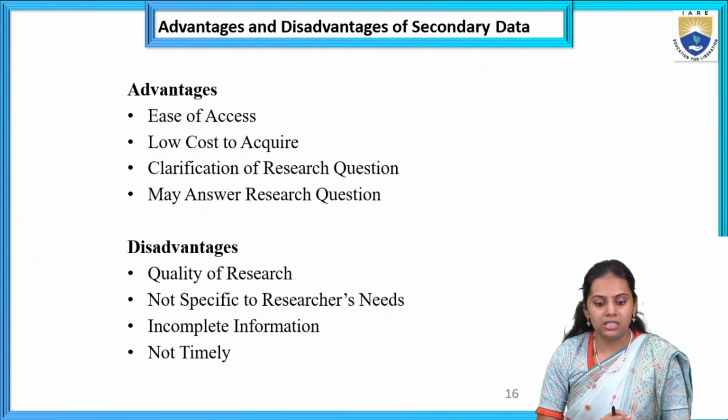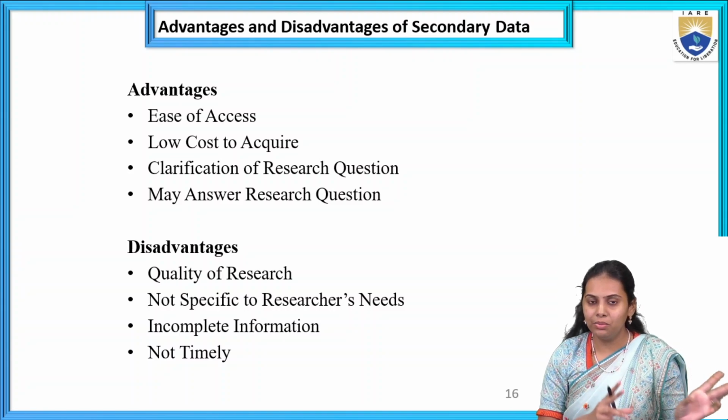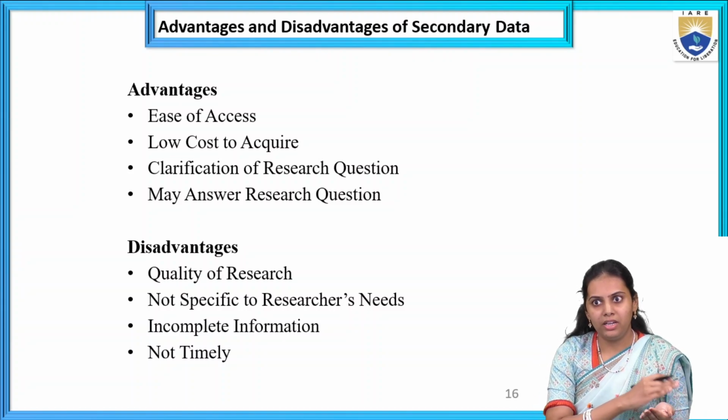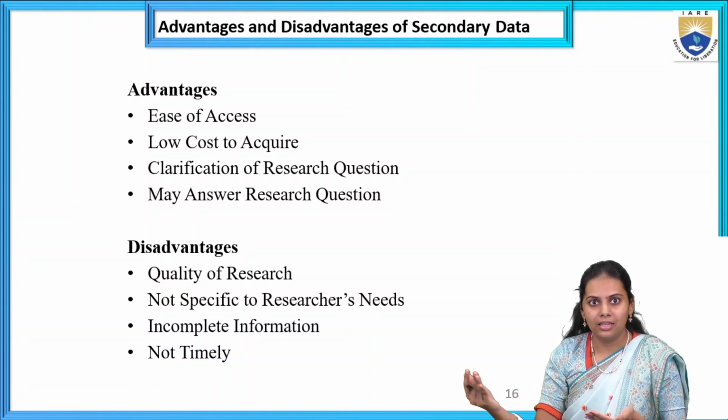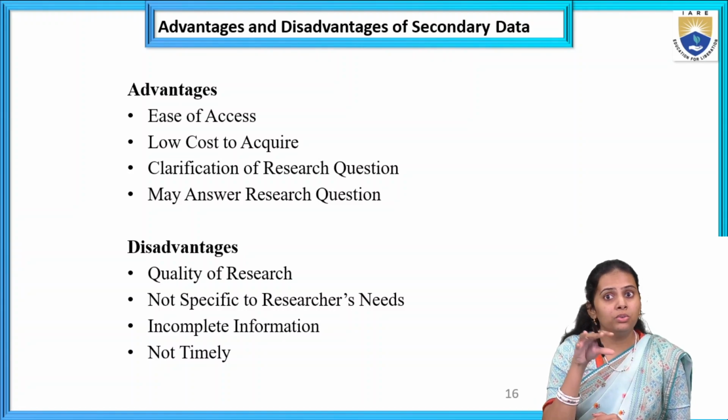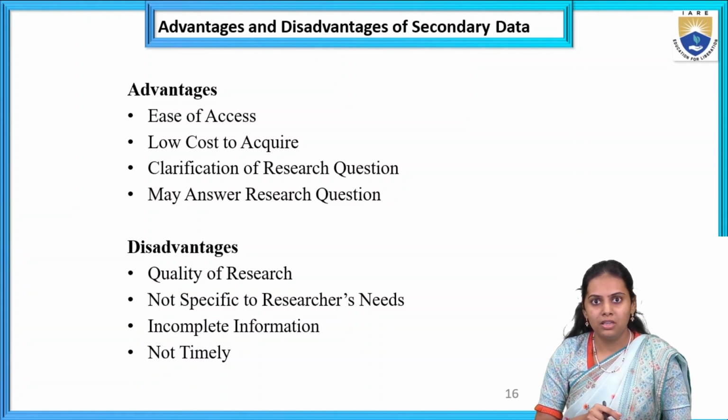What were the limitations then? The quality of research, because it is already recorded by someone else prior. Generally, it is already a proven fact. What are you extending? Generally, the novelty dissolves and it is not specific to the researcher's need sometimes.